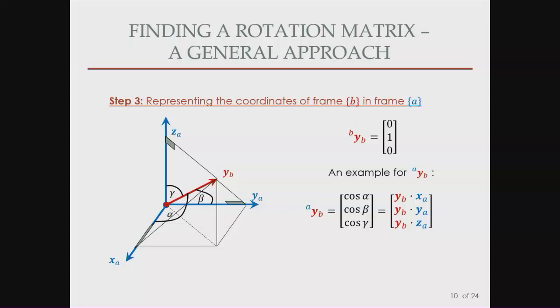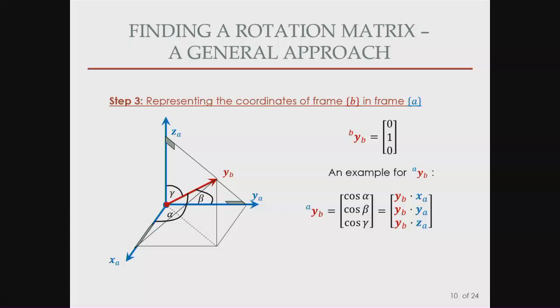What I can do is say that YB dot XA is simply 1 times cosine alpha, right? So instead of writing cosine alpha, I could, if I wanted to, write the dot product of the different axes.